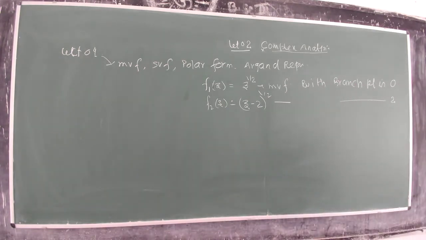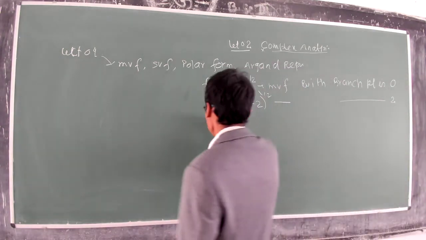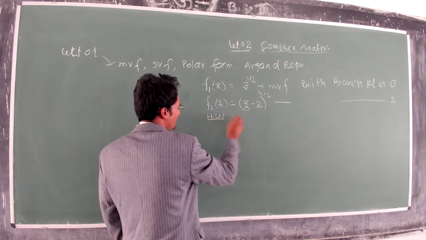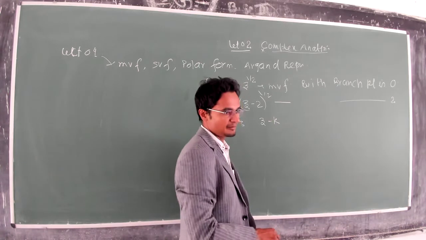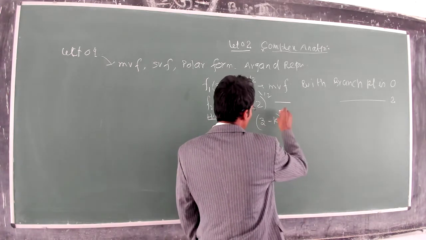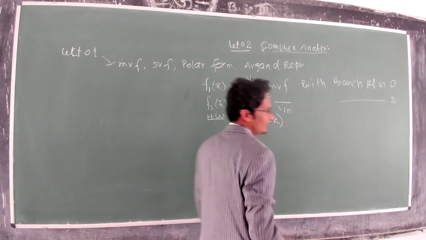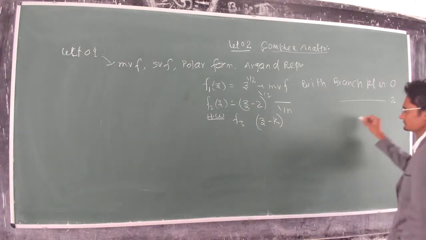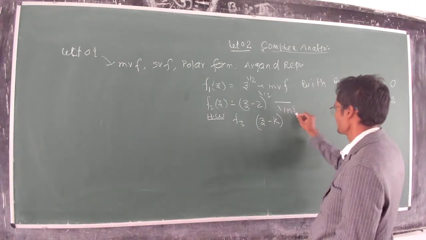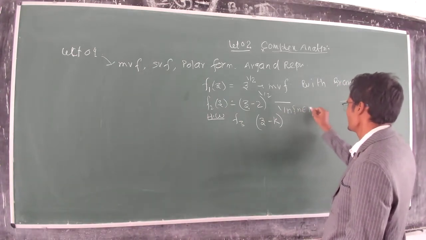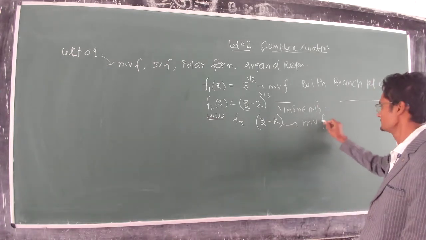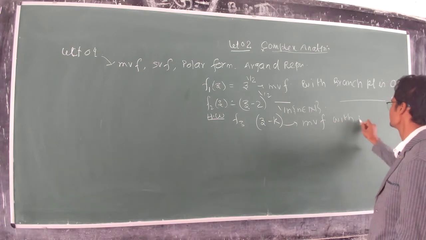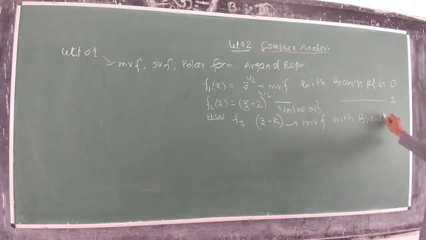Same here also, and I had given sufficient homework: (z minus k), k any number, raised to the power 1 over n, where n belongs to the natural numbers, is a multi-value function with branch point z equal to k.